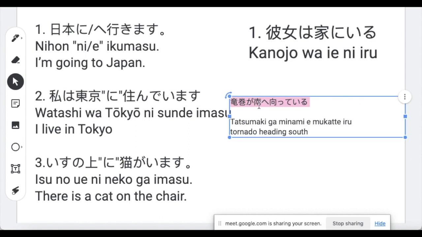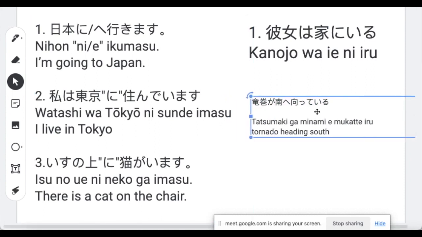You can change the direction or change the sentence with different natural phenomena. But in this case, whenever you are defining the direction and location, we must use e.